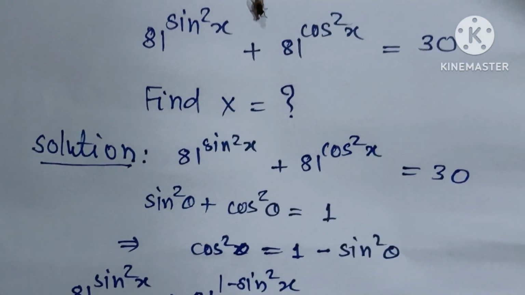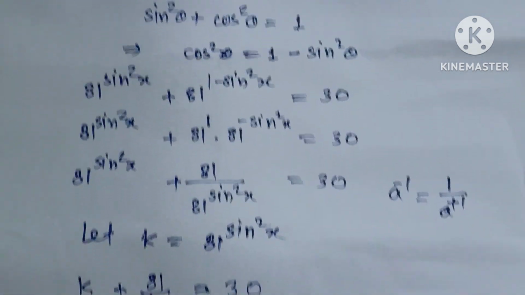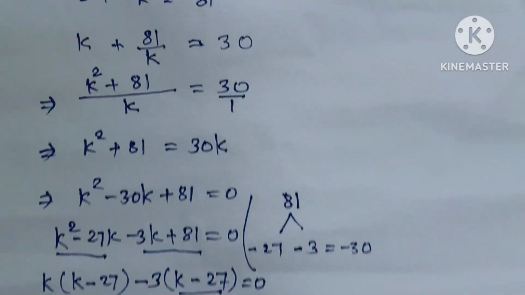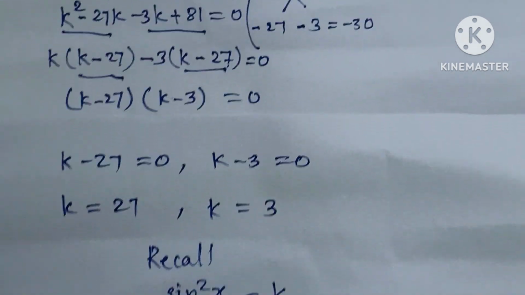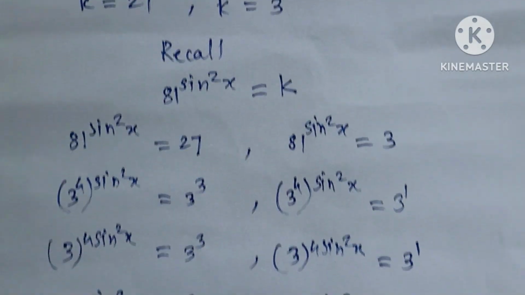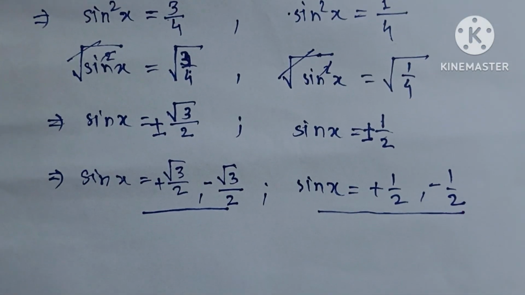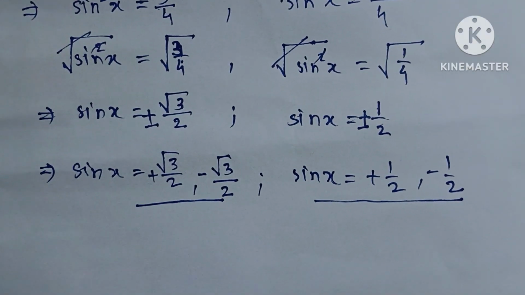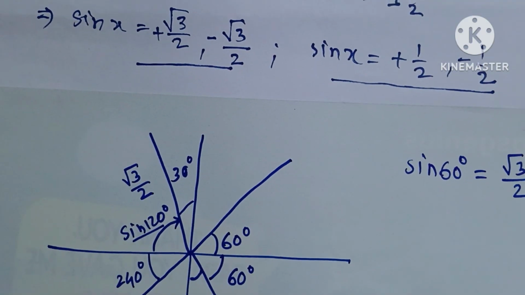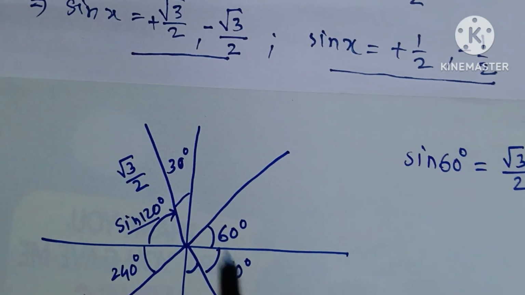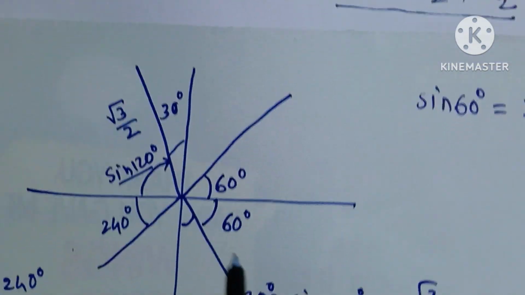In this way we have found the values of sin x. For sin x equal to plus root 3 and minus root 3 over 2, see this graph.